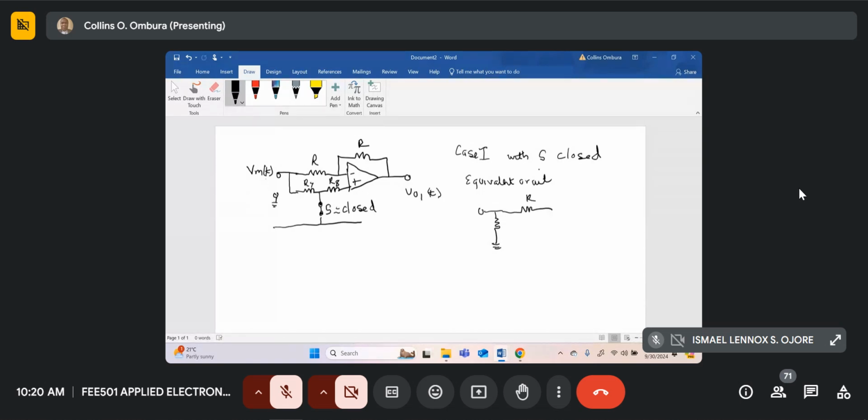The feedback resistance, sorry, the input resistance, the feedback resistance. So this is your R7, this is your R8, and this is your output voltage, which we are calling V01.